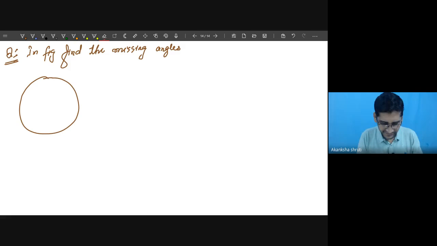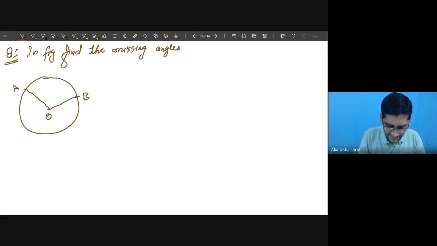Let us consider points A and B and the center O. We are given the angle at any point P. Students, do not think it is a rhombus or rectangle.